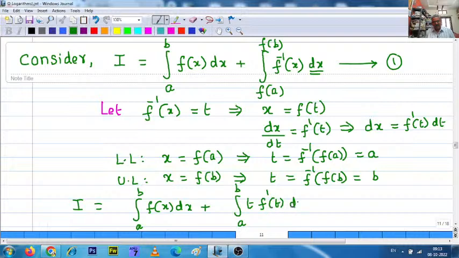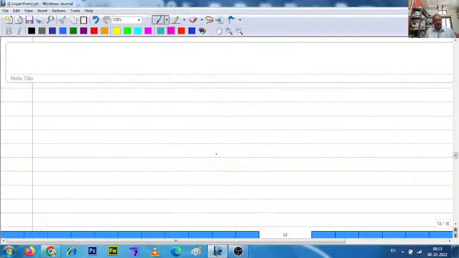Am I clear? So my dear students, one thing to remember, a very beautiful concept in one of the properties of definite integrals: the definite integral is independent of the variable. The variable can be changed accordingly. That means instead of x replace t, dx is replaced by dt also, no problem. So next we are going to get integral a to b f of t dt.